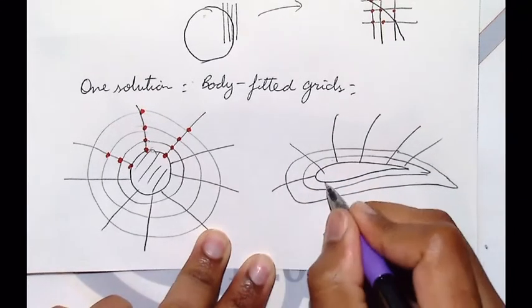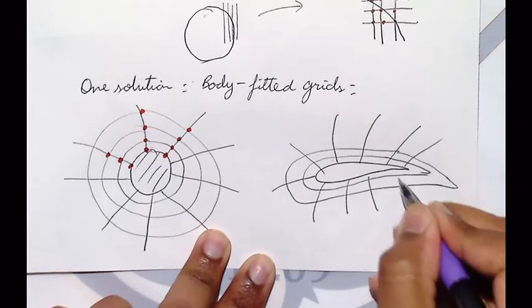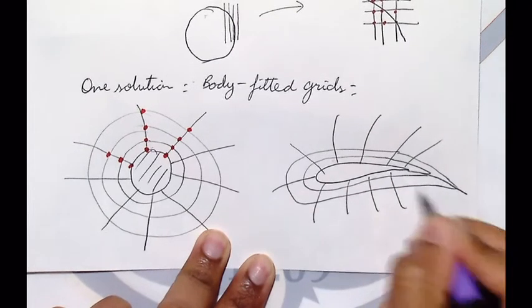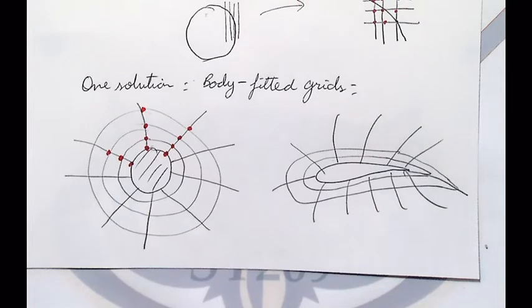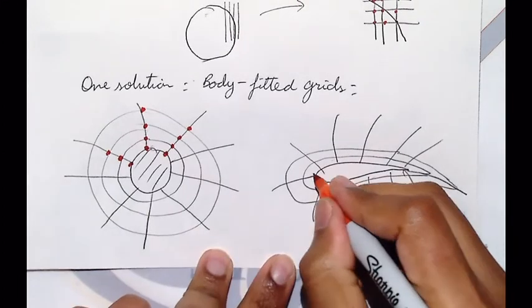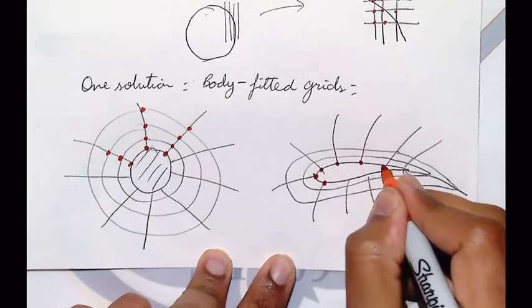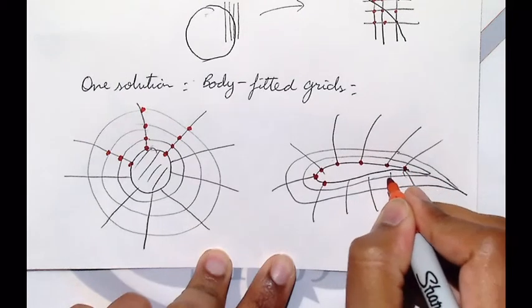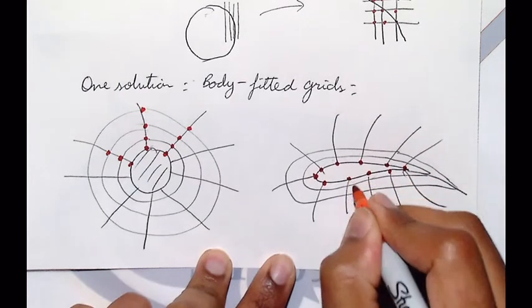Okay, and again you have the nice property of having cells that lie on the surface and they are not being intersected by the surface in a very strange manner.